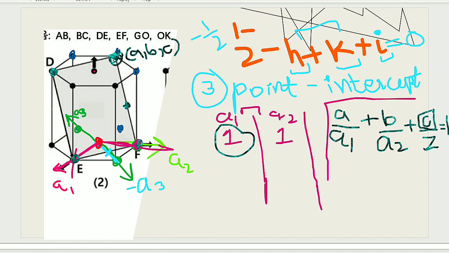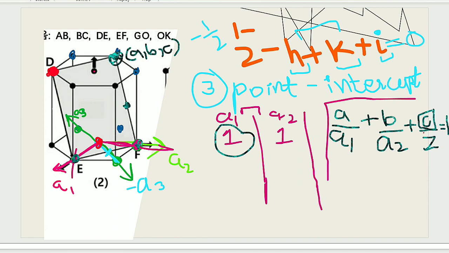So I'll take some other point on the plane, and I think I can take this point, D point. Yes, D point is good.